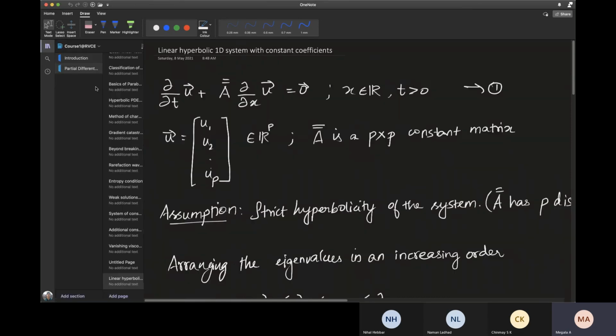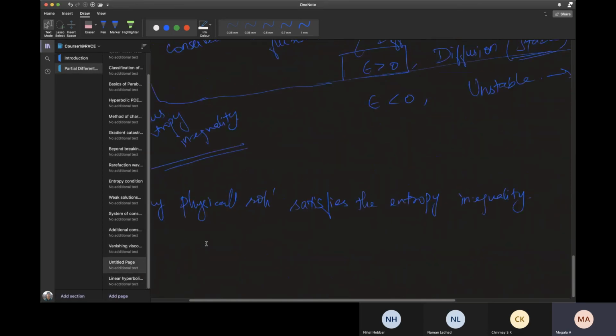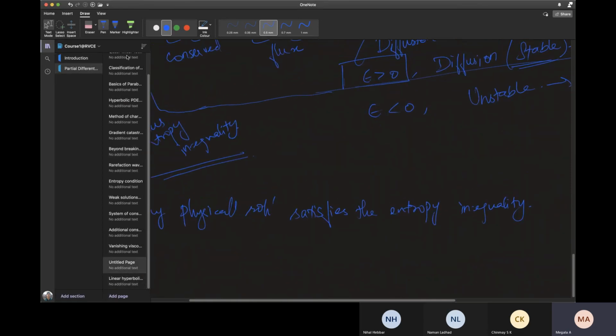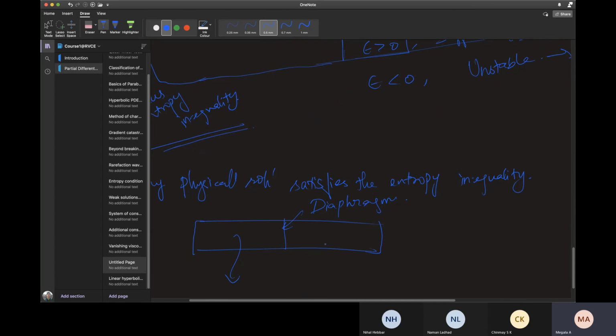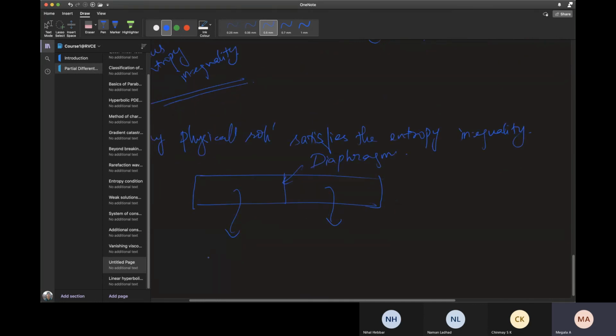Let me just say what a shock tube problem actually is. So in 1D, you have a shock tube. You have a tube, and you have some diaphragm, which is some separation. And you have a physical state: basically, some high pressure on one side and low pressure on the other side. On one side you have constant rho, u, p, and on the other side you have a different constant.